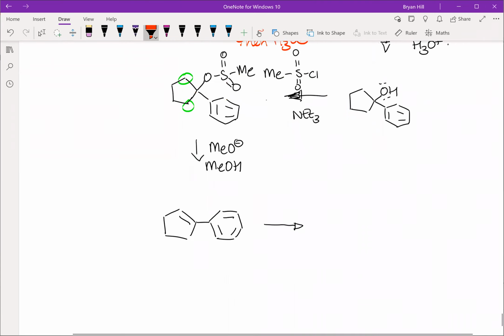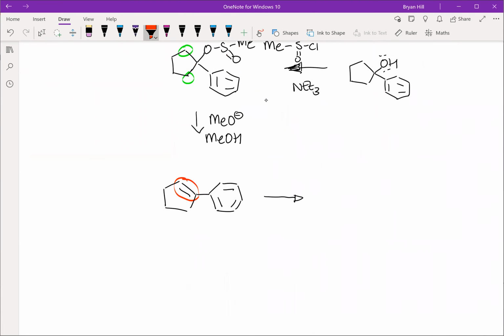But once you've got to this double bond, now you've got all of the double bond reactions to do. So you could say something like, well, I'm going to use borohydride, H2O, and sodium hydroxide, and this is going to make this alcohol here.